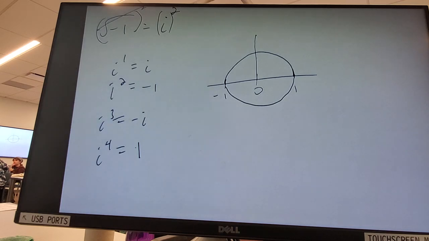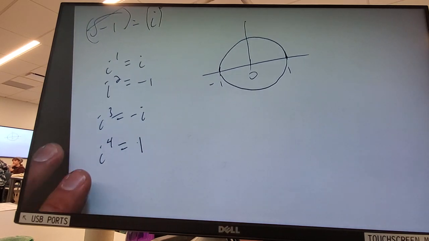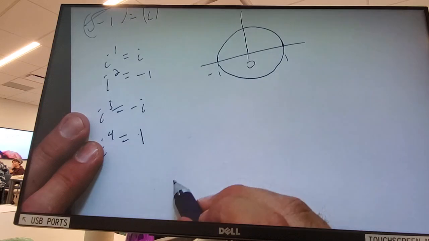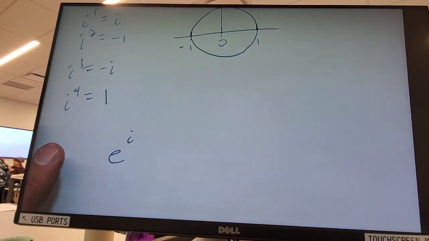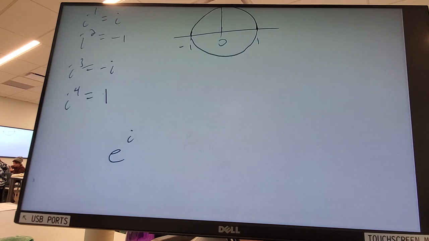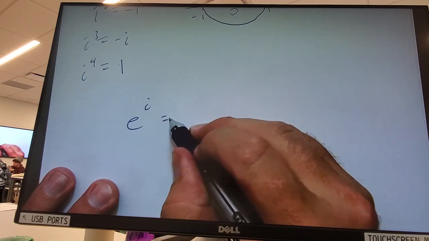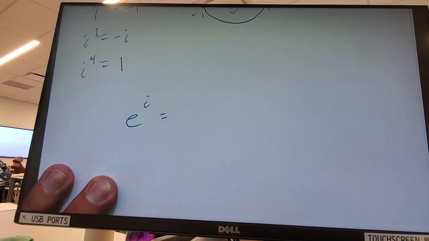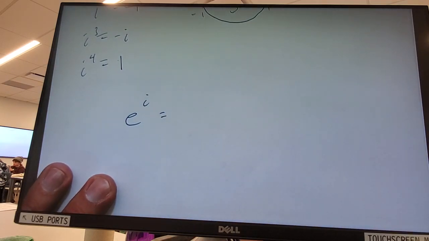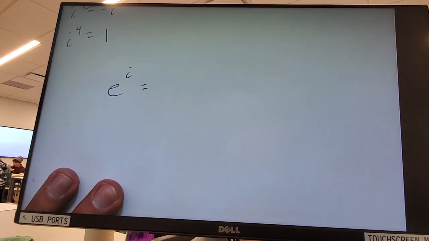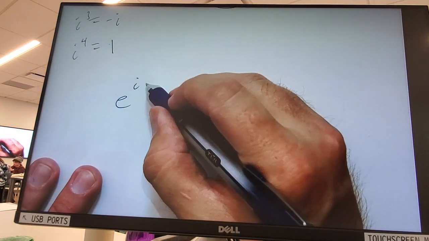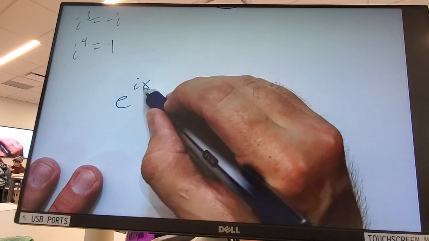With all that said, can you guys please take e to the x and plug an ix into it?